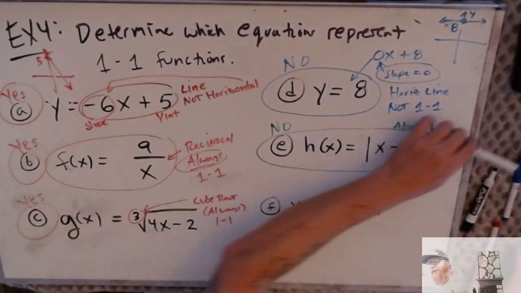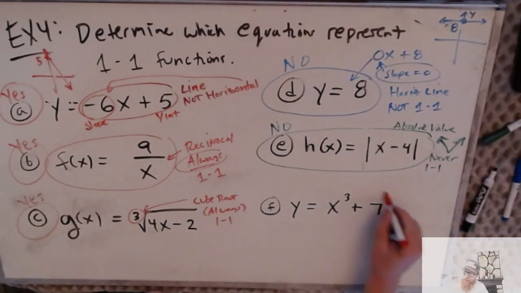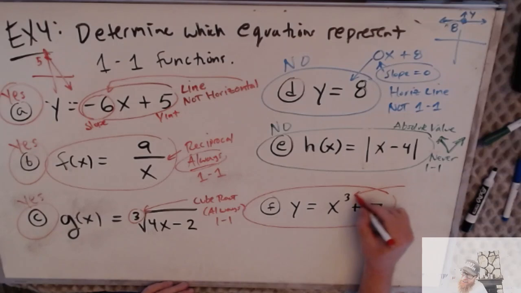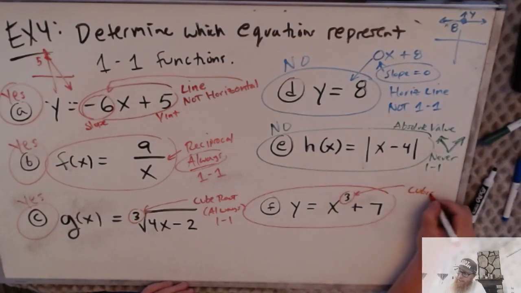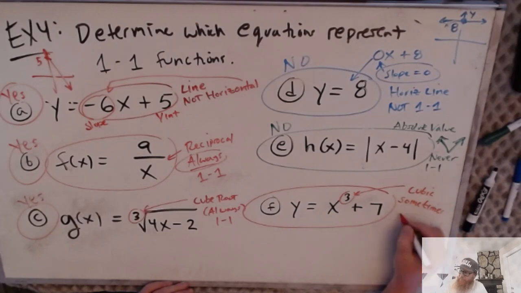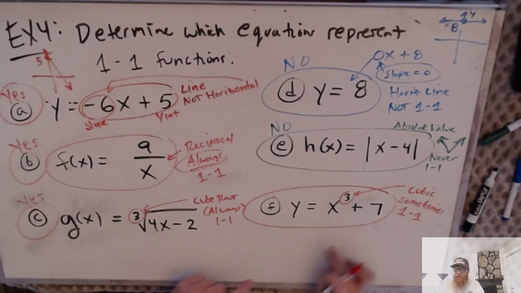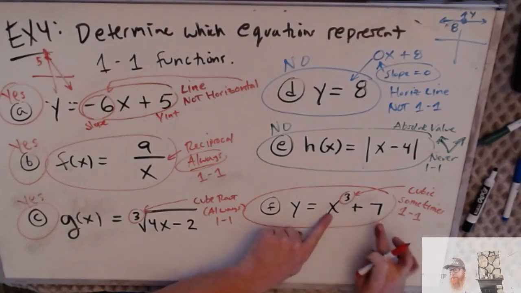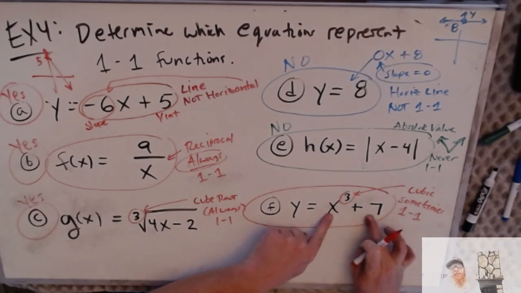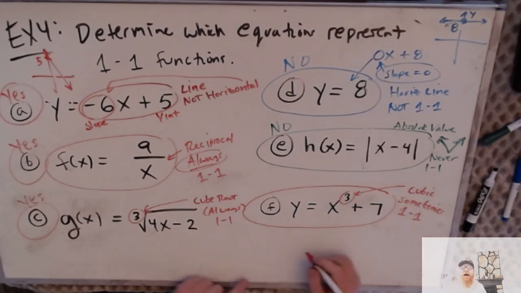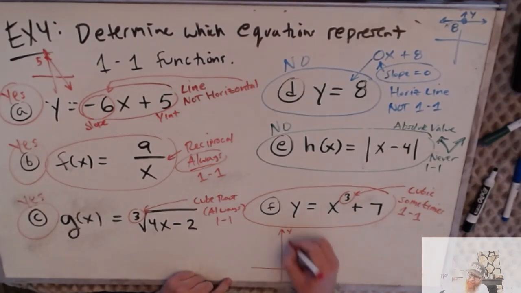All right. The hardest one is the last one. Cubic is sometimes 1 to 1. Okay. So this is a cubic with a vertical shift. So draw the graph. It doesn't have to be very good. It just has to be a rough sketch of what the graph would look like.